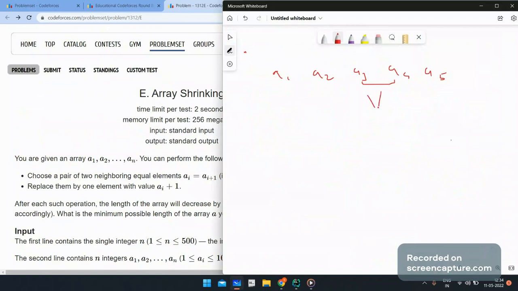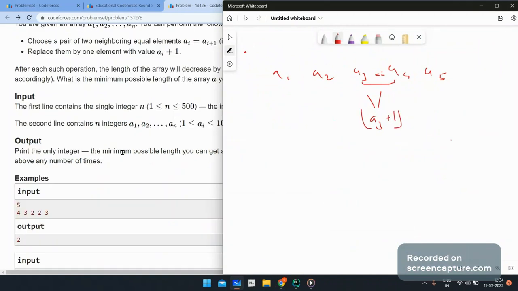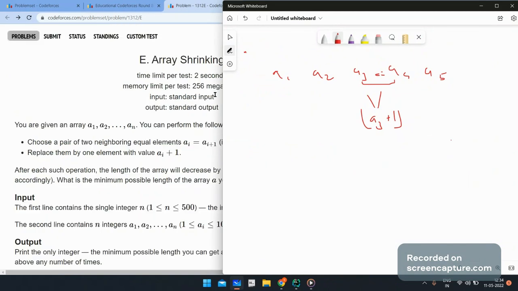So if these are the same values, then a3 plus 1, and the size of the array reduces by 1. Now we are curious to find out the minimum size of the array which we can get.